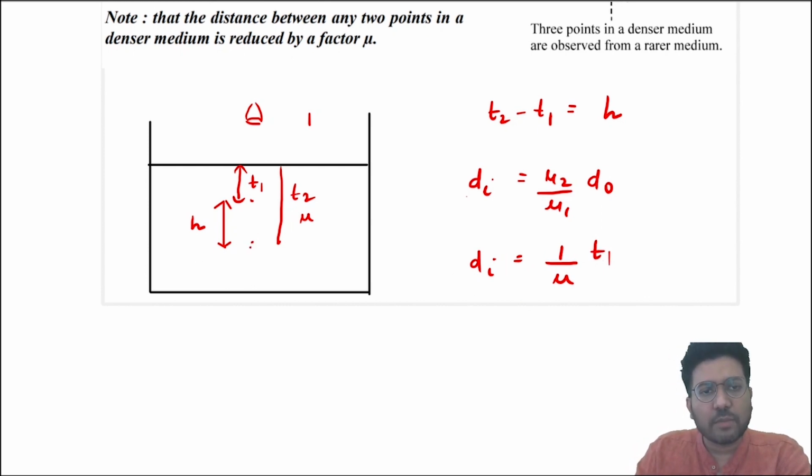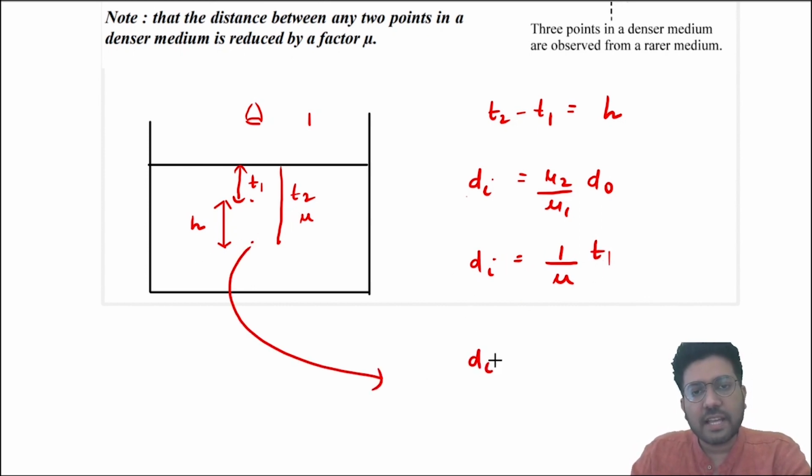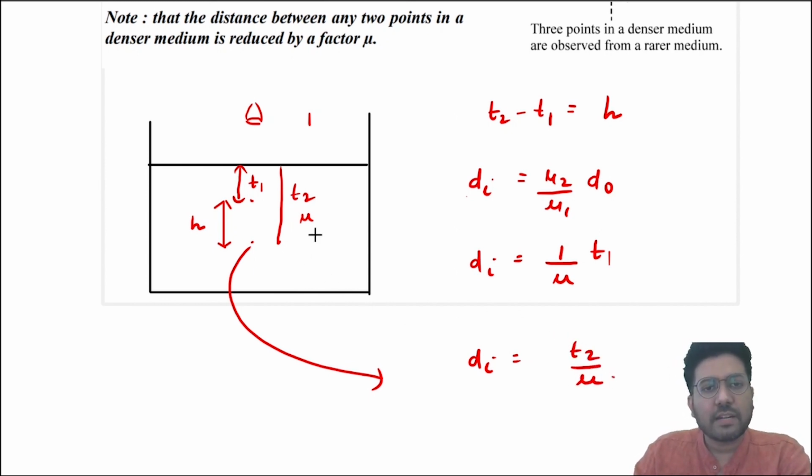Similarly, for this object di will be T2 by mu. So that means the image formed will be at this point and at this point. So this distance is T1 by mu, and this distance is T2 by mu.